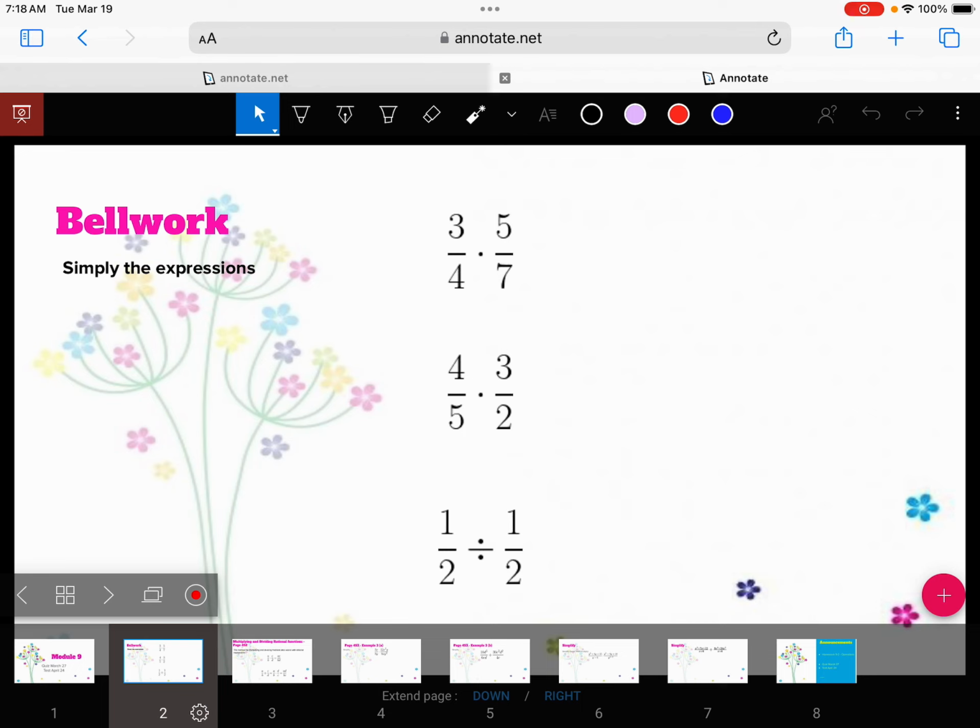So when we are multiplying fractions, how do we do that? So 3/4 times 5/7. What the heck are we gonna do? Don't just tell me type in the calculator either.